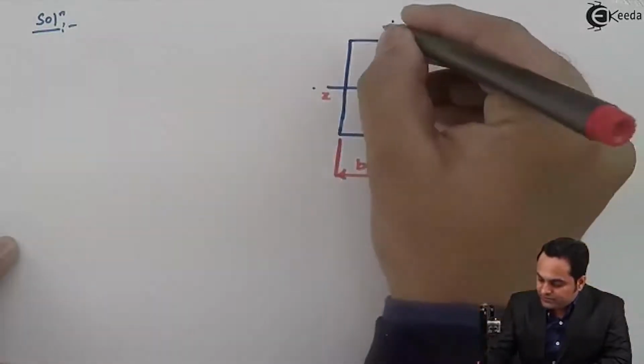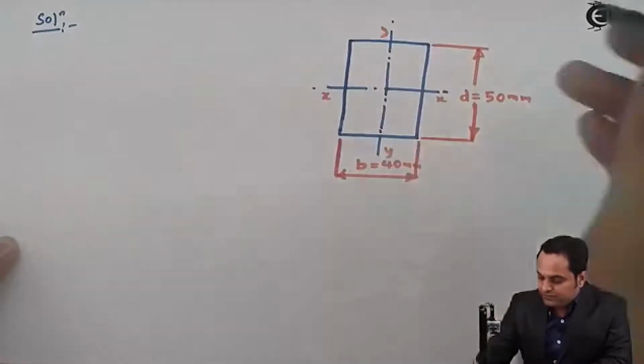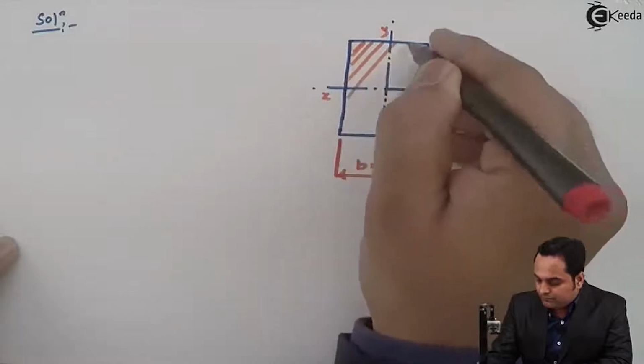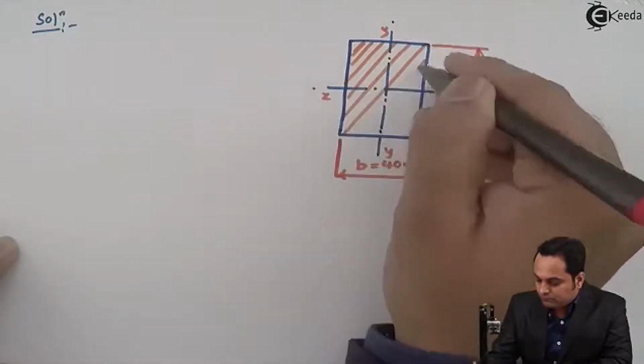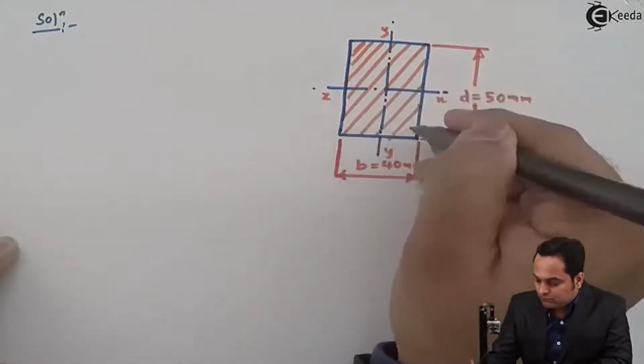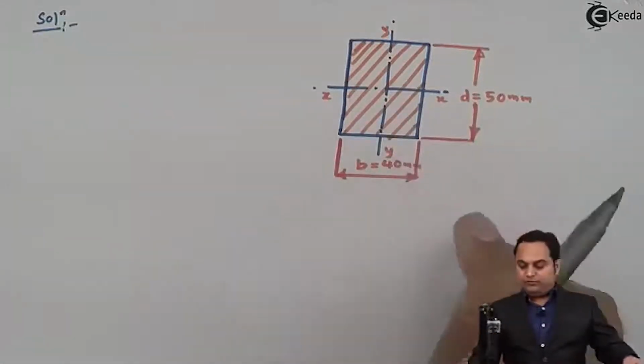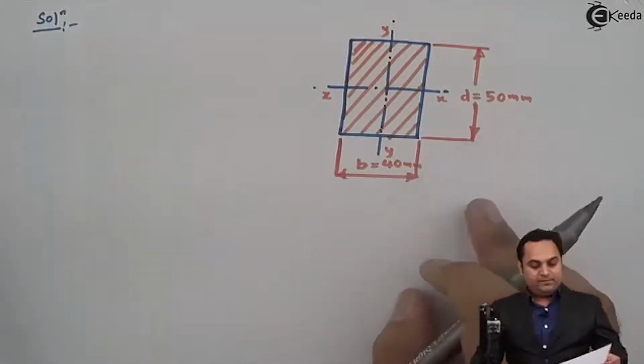These are x and y axes respectively, and here I'll draw the section. Now, this is the rectangular section of the column, 40 mm into 50 mm.